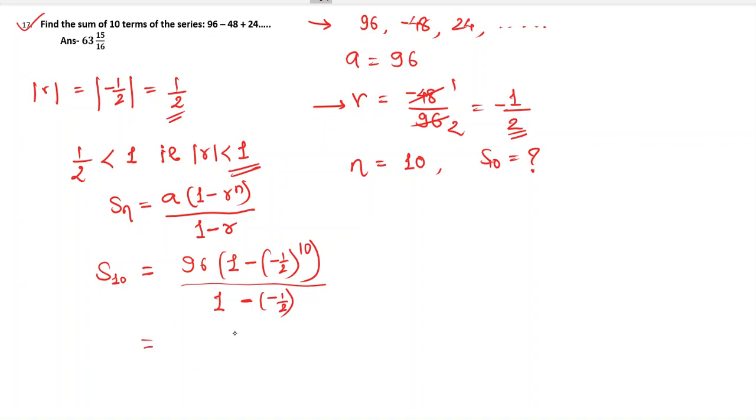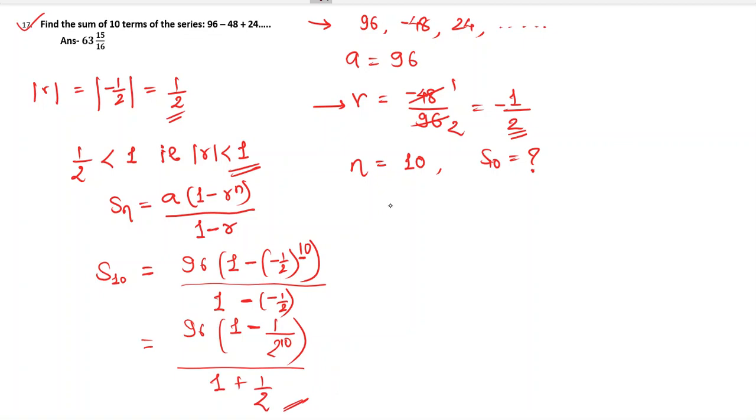Let's simplify this. So this will become 96 bracket 1 minus 1 by 2 raised to 10. Now whenever the power is even, the negative sign gets cancelled out, because a minus sign multiplied with itself an even number of times gives you a positive number. So we can directly write it as 1 upon 2 raised to 10, the whole upon 1 plus 1 by 2.